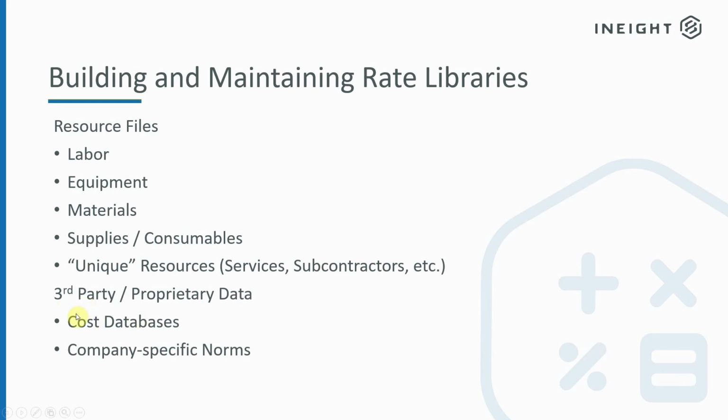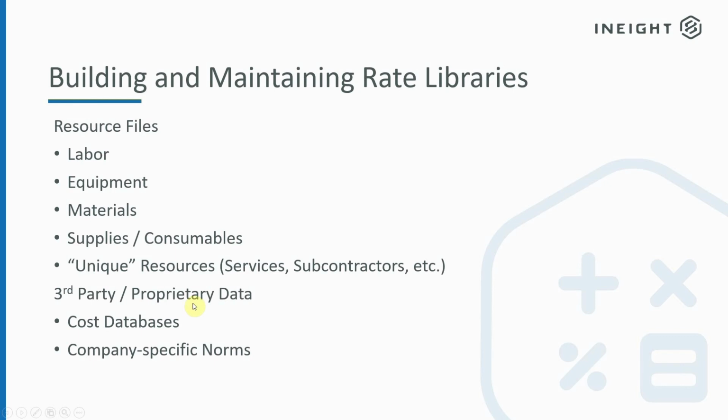So as many of us know, there are commercial databases available that contain costs of commonly performed work activities, construction activities. They might be averaged for a particular region. But these are things that maybe we want to use as a first blush. So we can talk about that, as well as proprietary data.